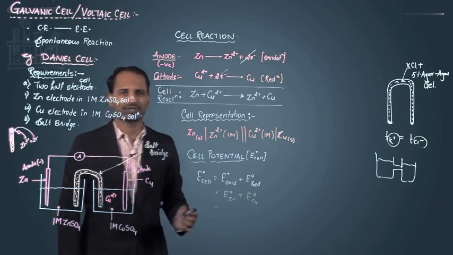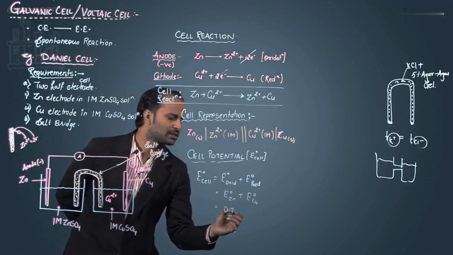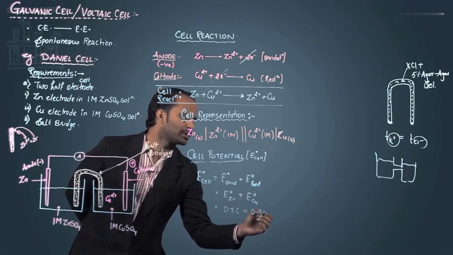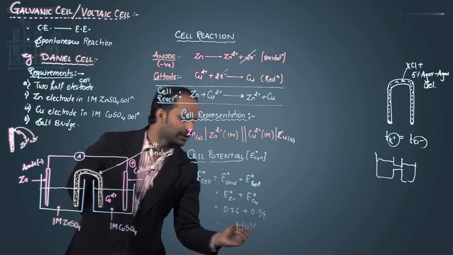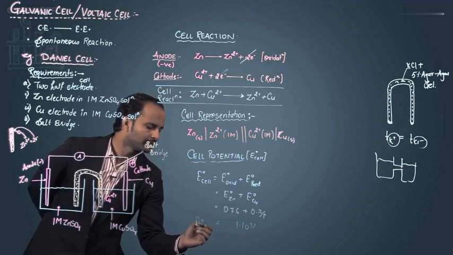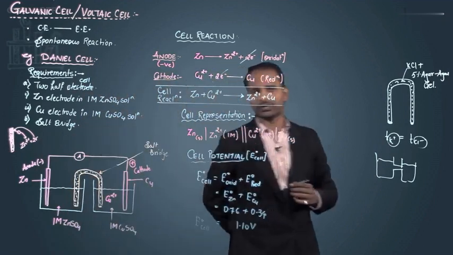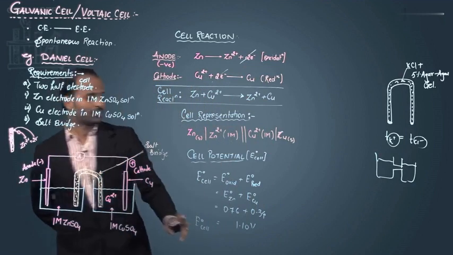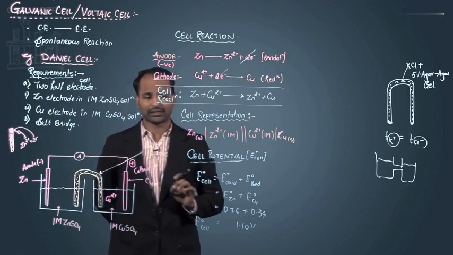In the electrochemical series, the zinc oxidation potential is given as 0.76 and the copper reduction potential is given as 0.34. When added, we finally get 1.10 volt. That is, E naught cell is equal to 1.10 volt. It means that during the chemical reaction, 1.10 volt of electricity is generated in this Daniell cell.